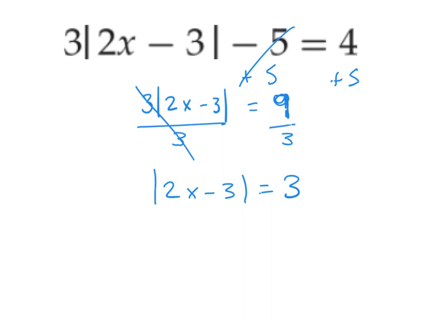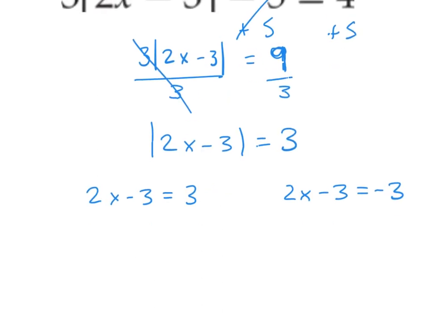What do we do next? Split it. So we have 2x minus 3 is equal to positive 3, and 2x minus 3 is equal to negative 3. For our first equation on the left, what do we need to do to solve? Add 3. So 2x is equal to 6.